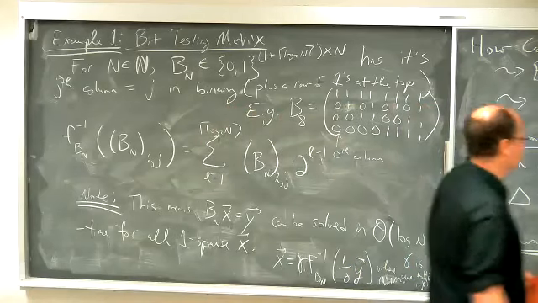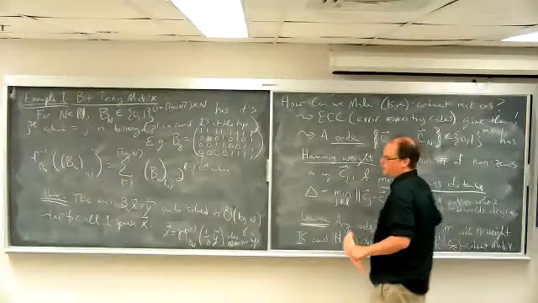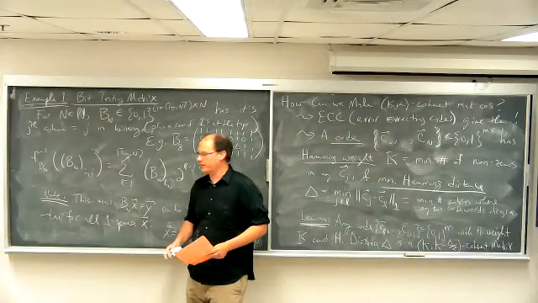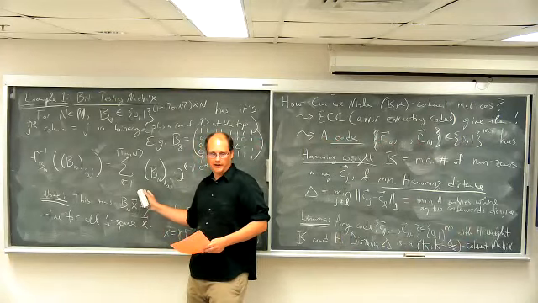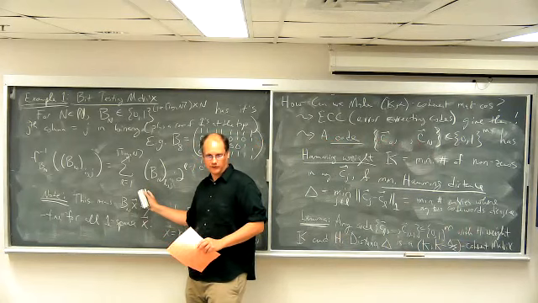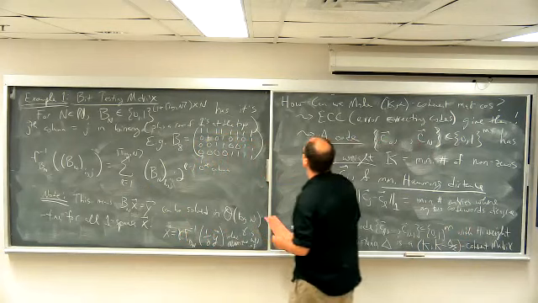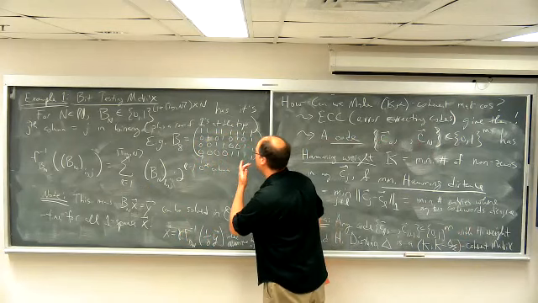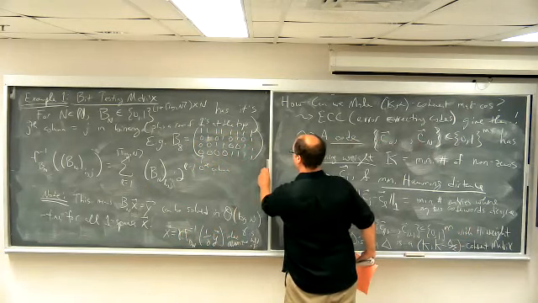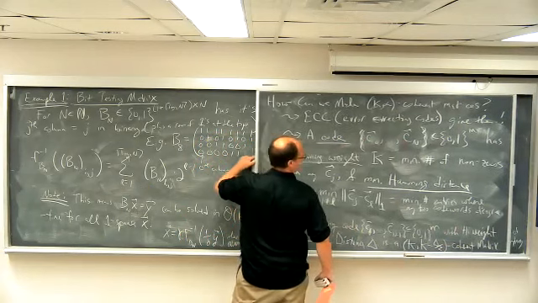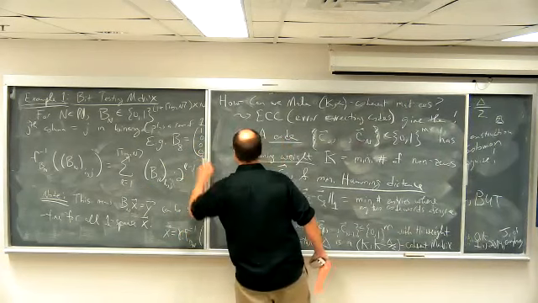Doing it will give you what's known as the bit testing algorithm for finding the support of sparse vectors, so finding the heavy elements that we want to find. So let's see how to do that.